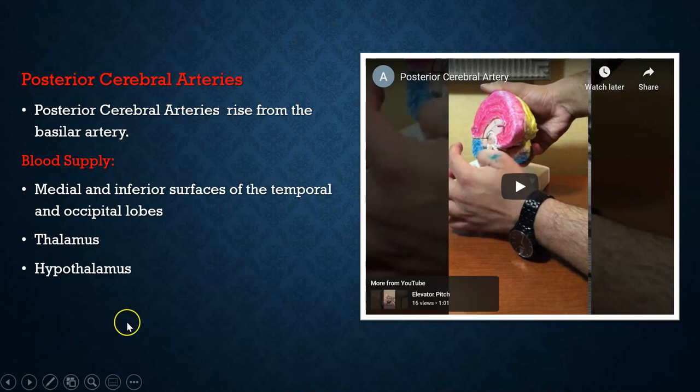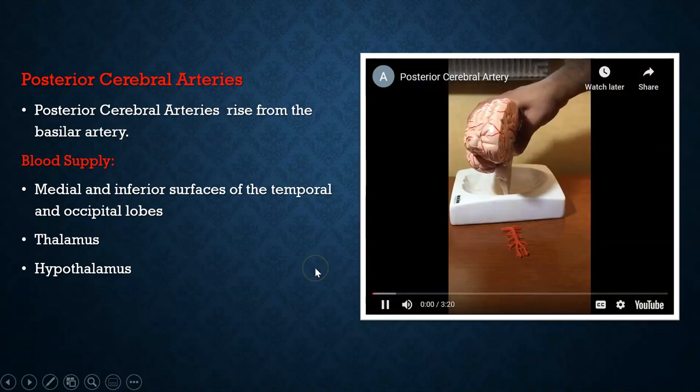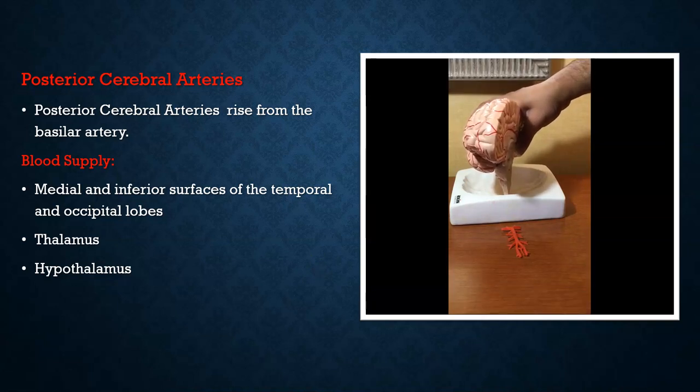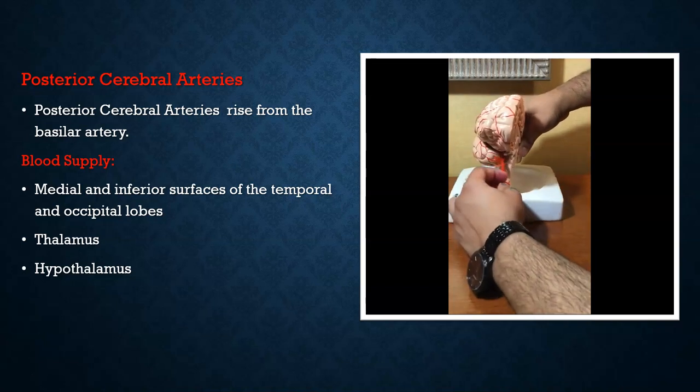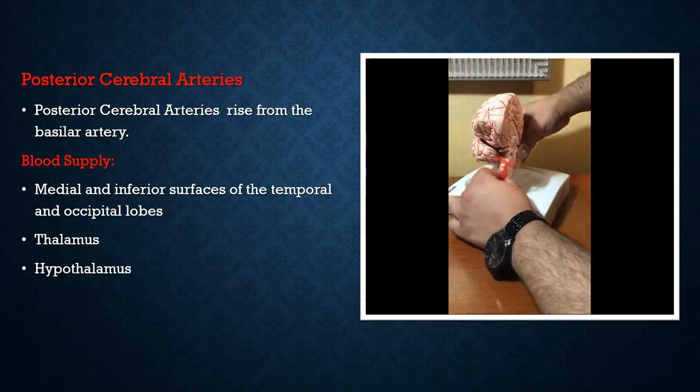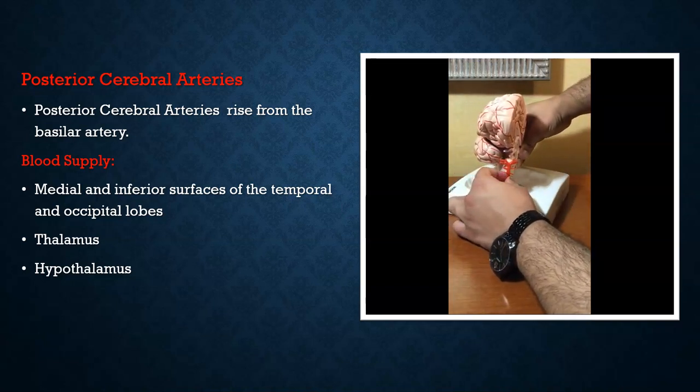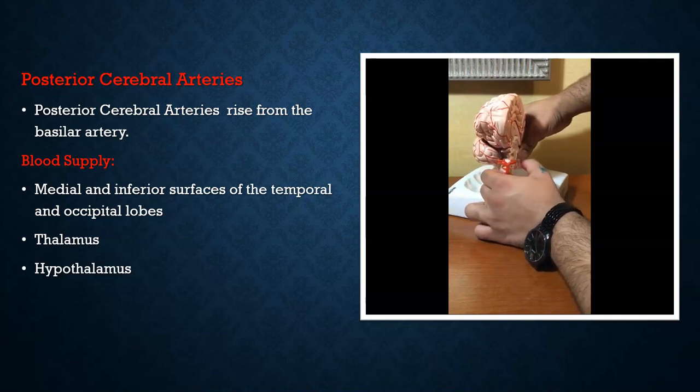Now we will discuss the posterior cerebral artery, its distribution. I'm just going to put this artery here, right at the junction. This top artery from the basilar artery, right and left, is the posterior cerebral artery.